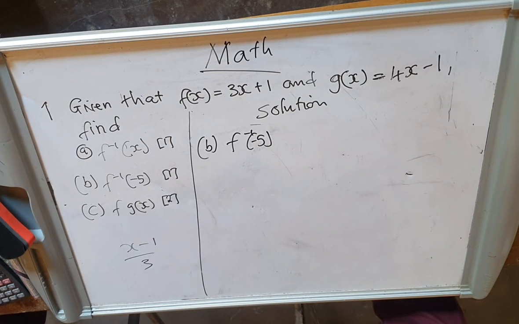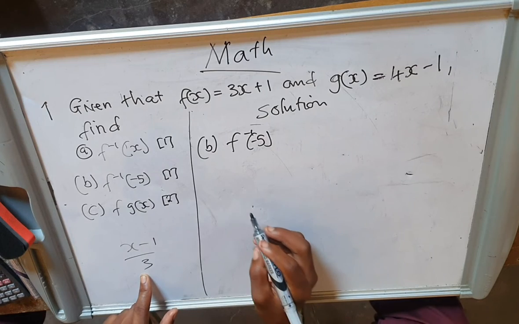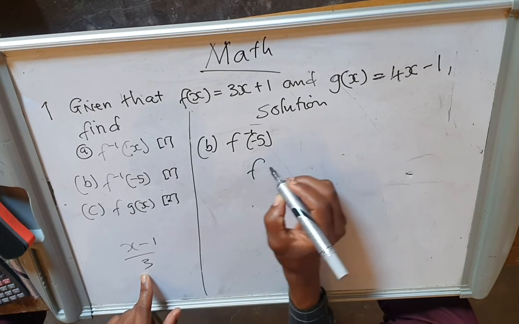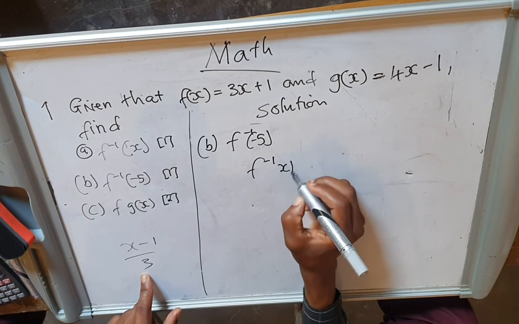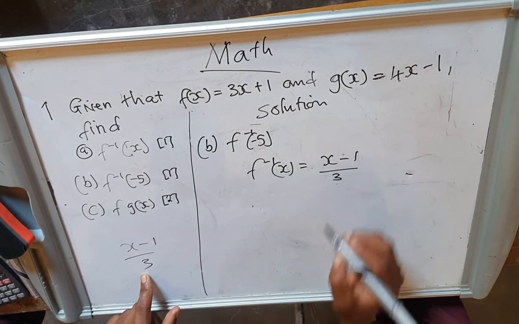We are still using the inverse function, which is the answer we found. So we write down the inverse function for f: f inverse of x is equal to x minus 1 over 3.